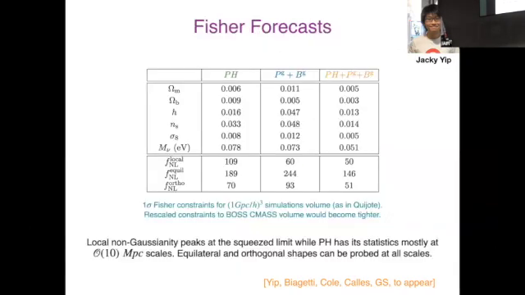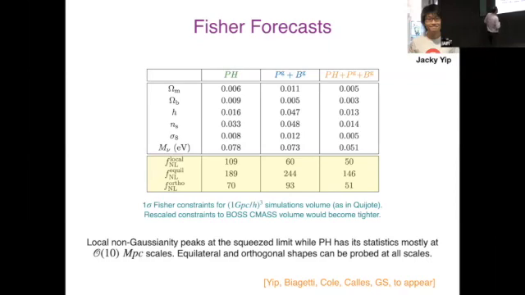This table shows the one sigma Fisher constraint on different shapes of non-Gaussianity and for the cosmological parameters. I'd like to draw your attention to the Fisher constraints on the shapes of non-Gaussianity, and Eva may find that interesting.